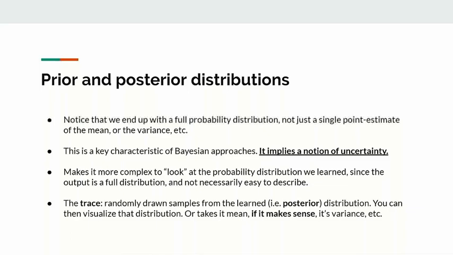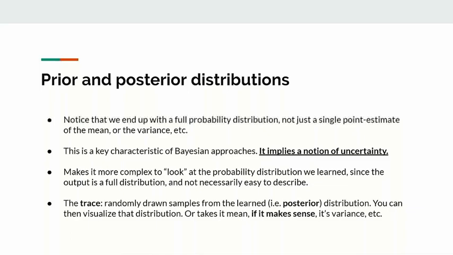This is a key characteristic of Bayesian methods: what we're estimating is actually a full probability distribution, not a single parameter value. And the good thing about this is that it implies a notion of uncertainty, right? So the posterior distribution represents our subjective belief about the most likely values of a parameter, given that we've now observed the data.